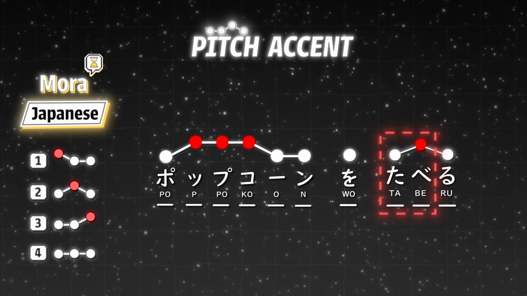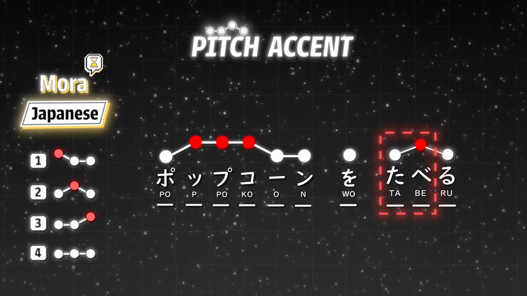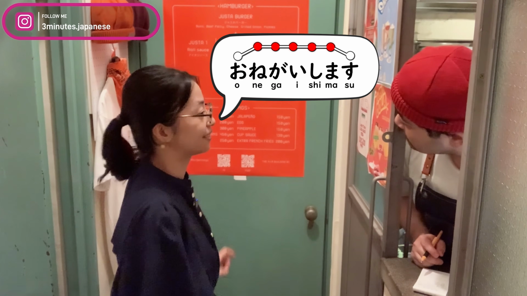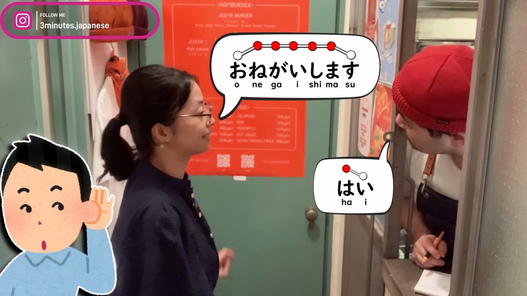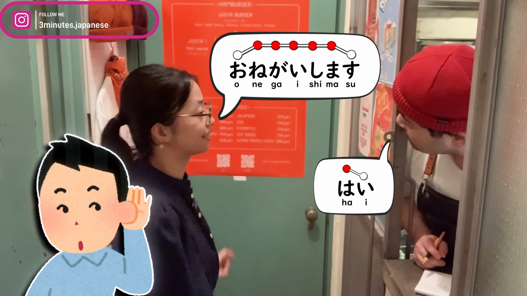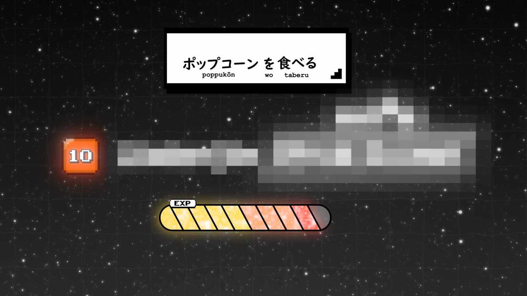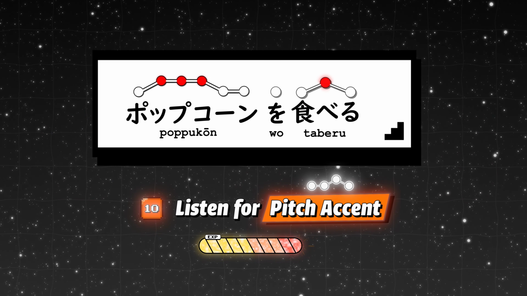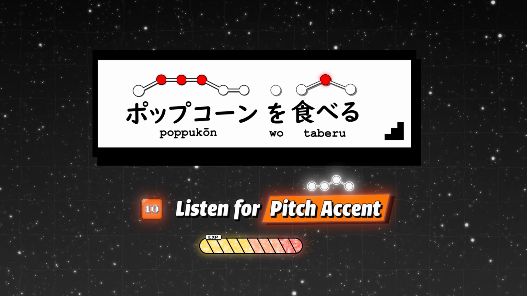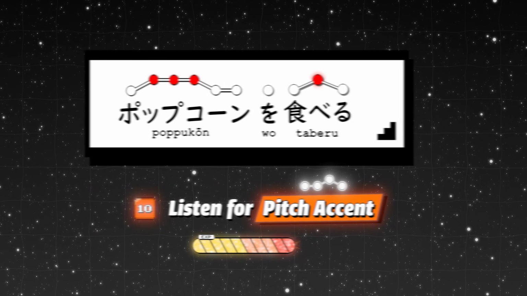The correct pitch accent just helps make your speech sound more natural. And you will pick up a lot of the correct pitch accents naturally as you hear people speak. But I think just being aware this exists will help you keep an ear for it. And this gives us point number 10. Listen for pitch accent. So our final, fully natural sentence is ポップコーンを食べる.